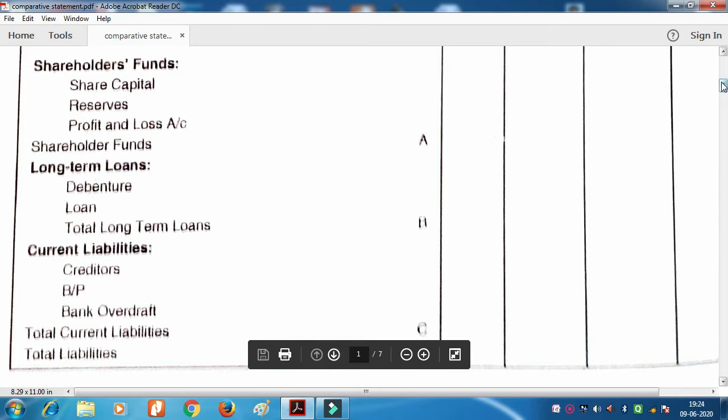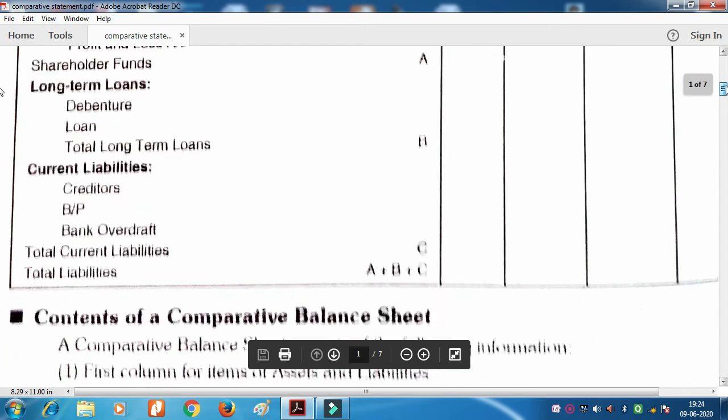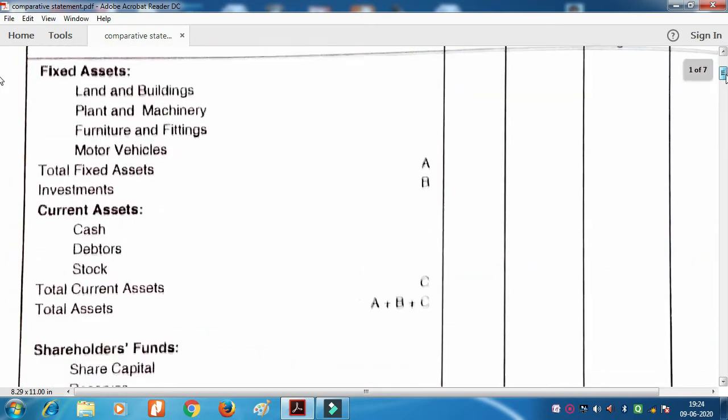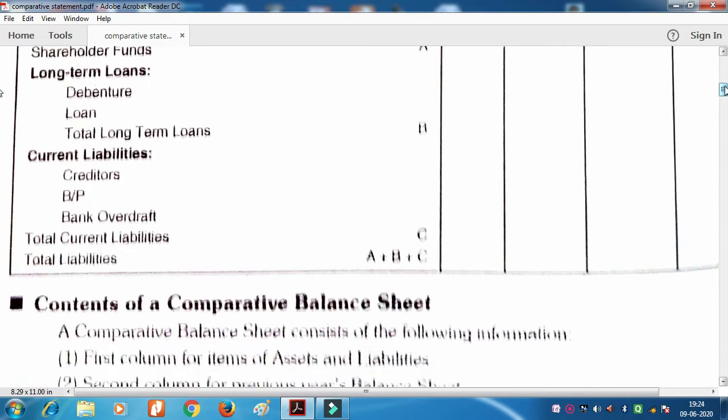So A plus B plus C will give you the total liability. So we have to see the total asset and total liability. We are just following the vertical form of a balance sheet.